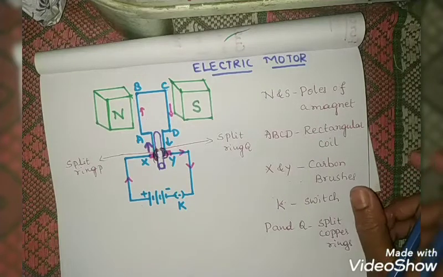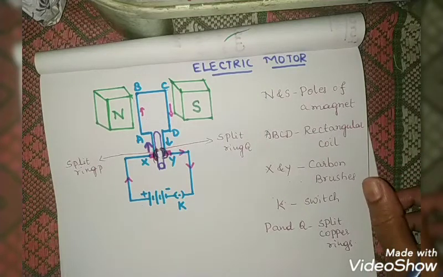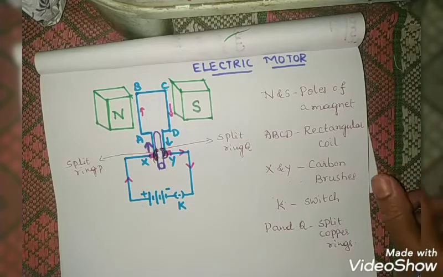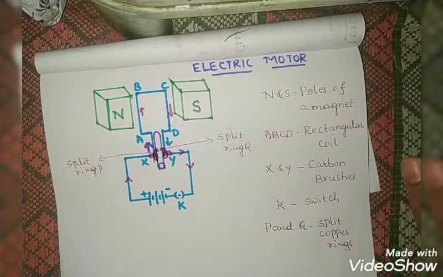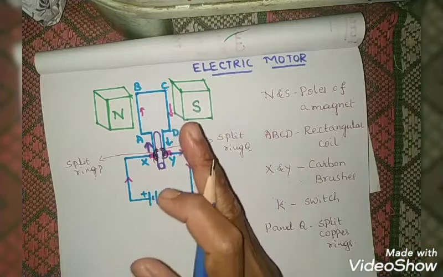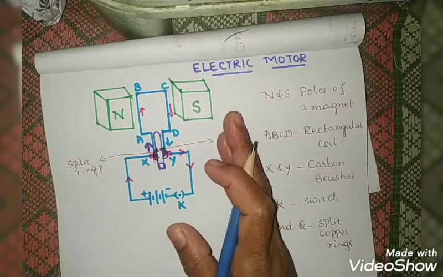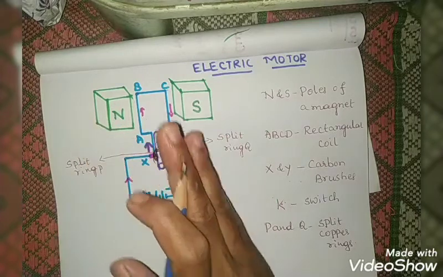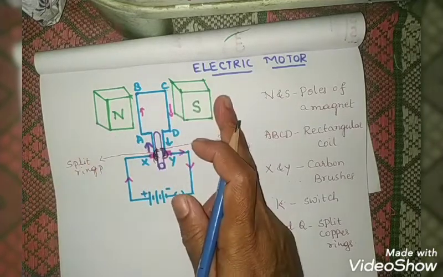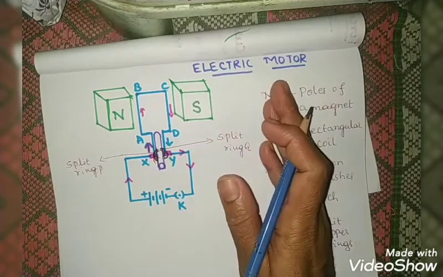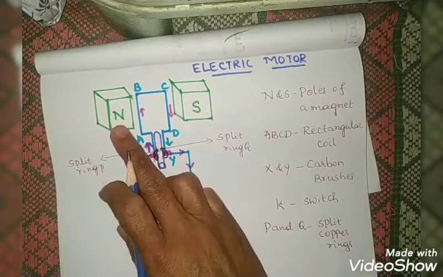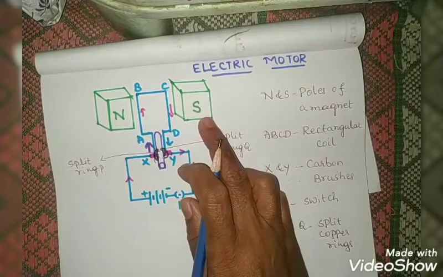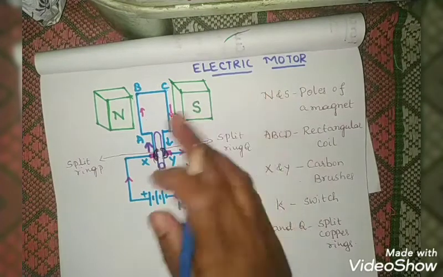As I told you already, it is based on the principle that a current carrying conductor placed in a magnetic field experiences a mechanical force. Am I right? Yes. So, we have to consider the poles of the magnet, right? A magnetic field is necessary there. So, we are considering the two poles N and S of permanent magnets.